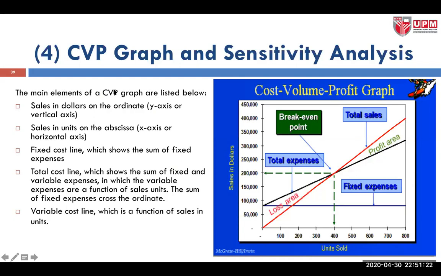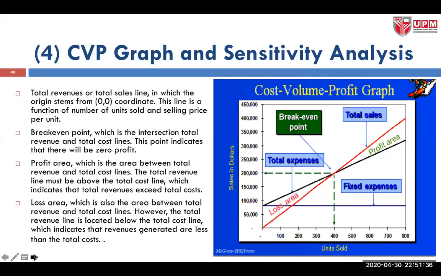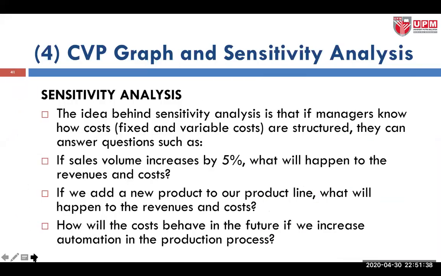All right, so basically you can play around with this in terms of the main elements of the CVP. This is just telling the items in the CVP graph. Okay, right. What you need to do in terms of the activity later on, you are going to plot the sensitivity analysis.